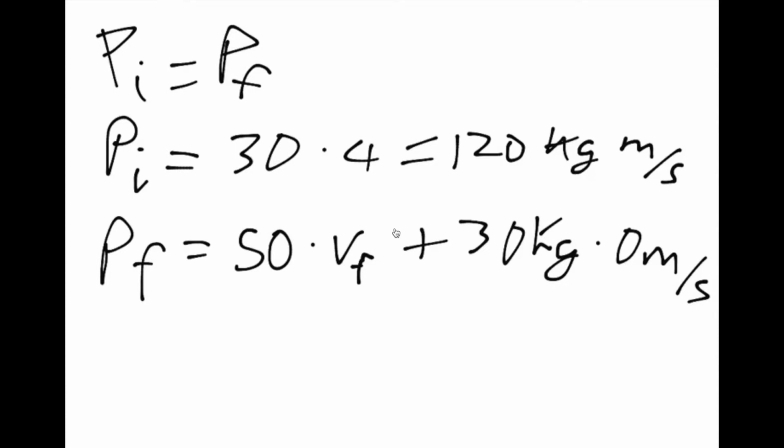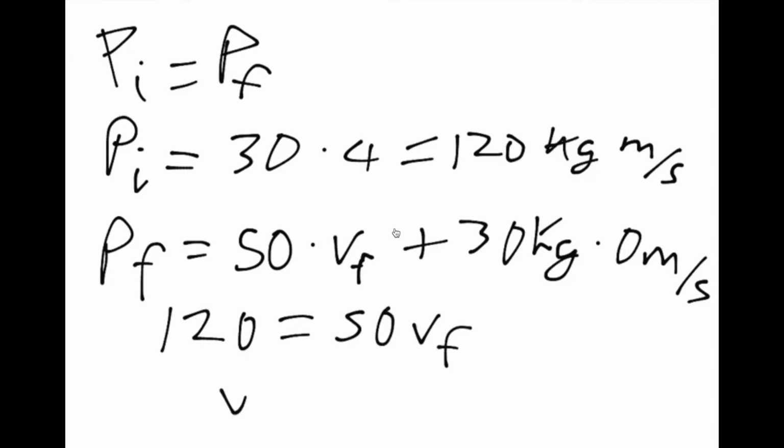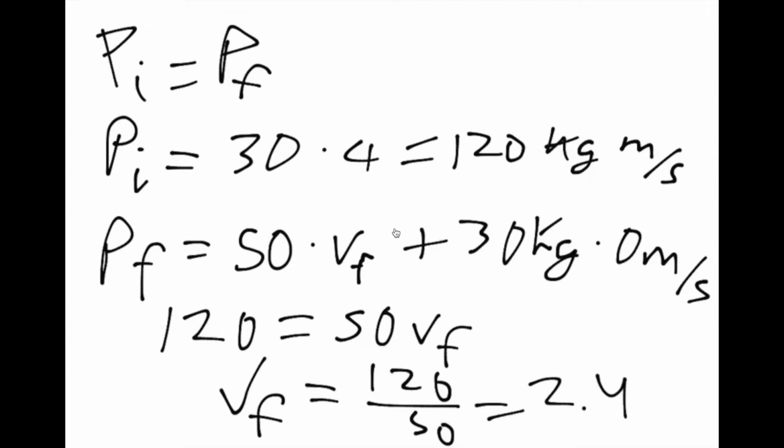So we completely ignore the child in this equation because of 0 meters per second, so we're only calculating for the velocity of the sled, and so we plug in 120 equals 50 Vf, and in this case Vf is equivalent to 120 over 50 equals 2.4 meters per second.